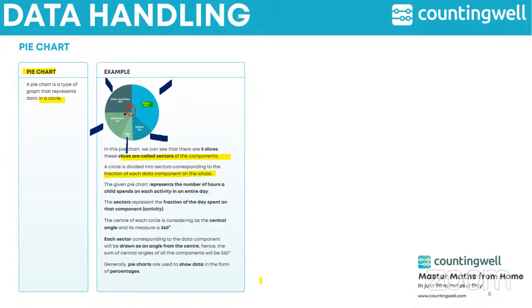You can see the sector for homework is this much angle, the sector for school is this much angle, and the sector for sleep is this much. So the sum of the central angles will be 360, and generally we use pie charts to show data in the form of percentages, correct? So we are using percentage here.